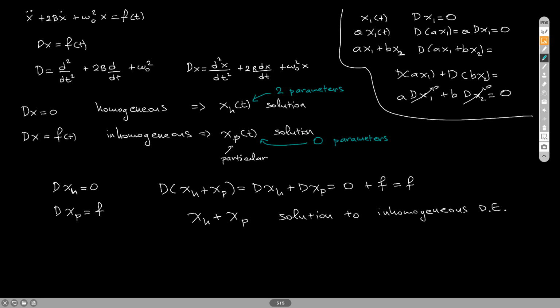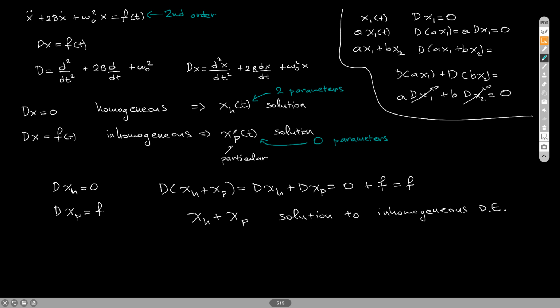So, can I claim that this is the general solution to the inhomogeneous equation? No, it is not. This is a second order differential equation. Practically, that means my general solution will need to have two parameters.